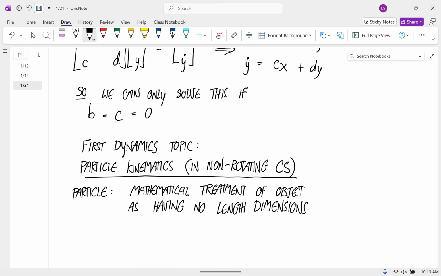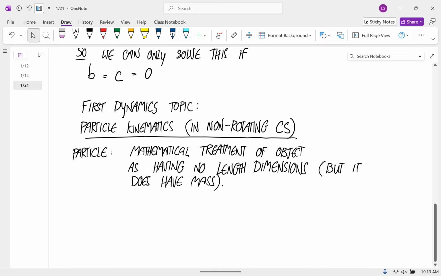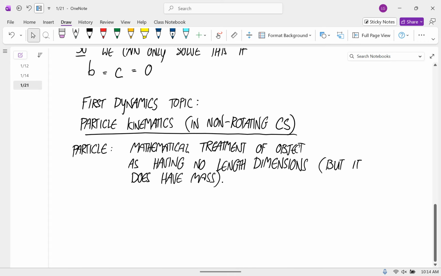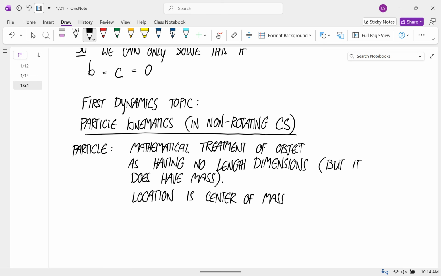So it has no size. Does it have mass? Yes, exactly, it does have mass. Its location is the center of mass. And because it has no length dimensions, there's no way to differentiate between one side and another side.